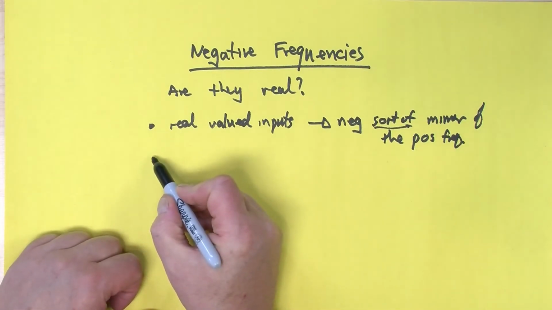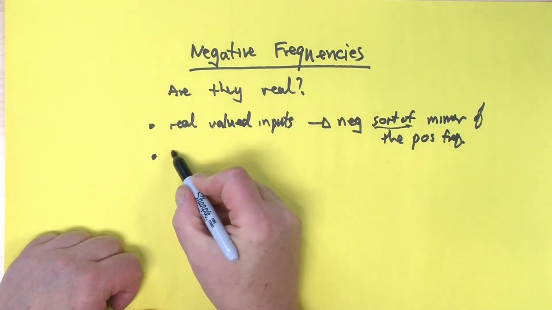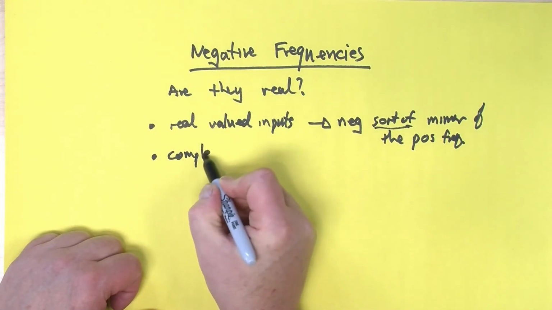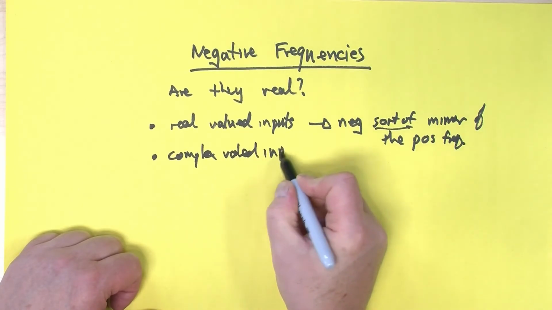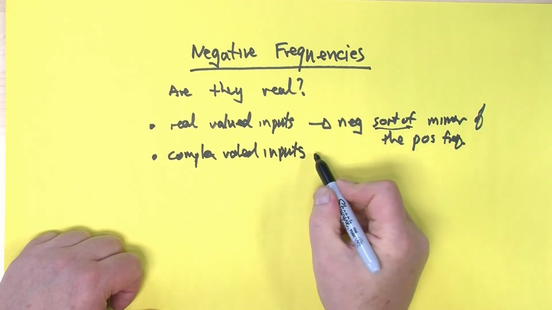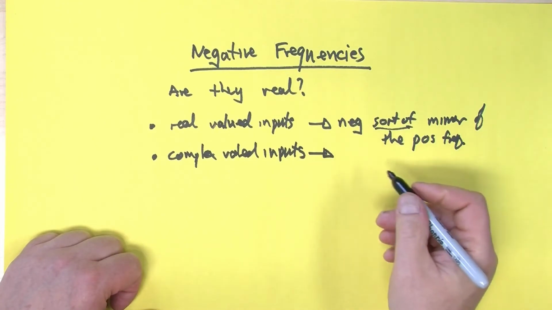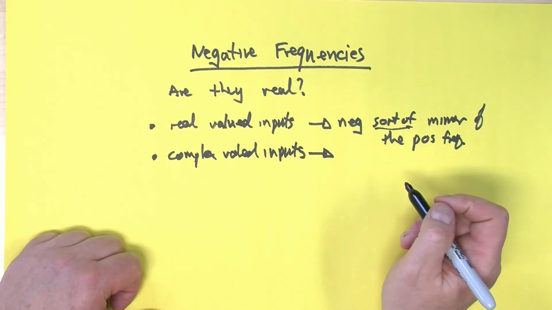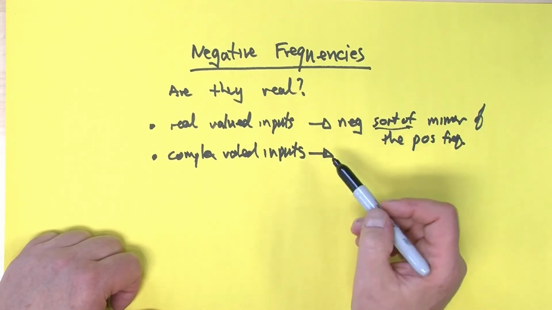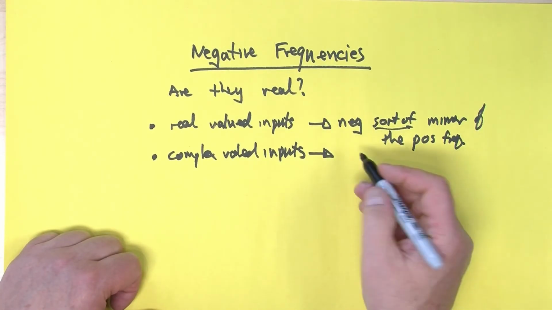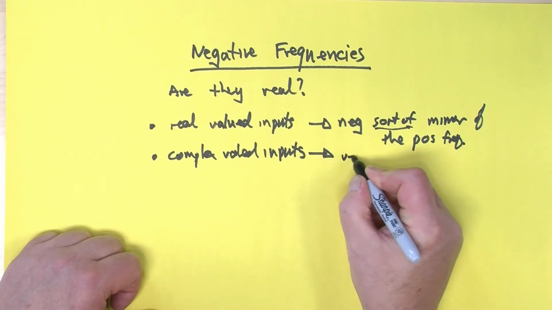However, if you have complex valued inputs, they take on a whole meaning in and of themselves. And so in that situation, they are very real.